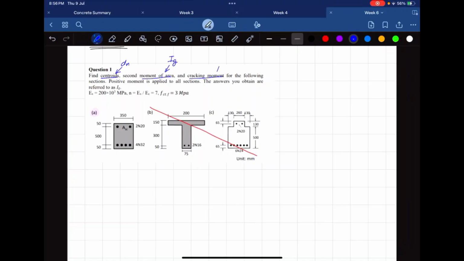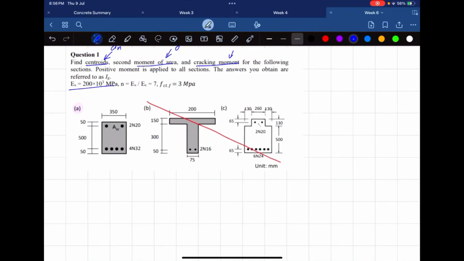The cracking moment, MCR. Luckily for us, they've already given us Es. Es is always 200 times 10 to the power of 3. They've given us n, and they've given us fct.f. This we're going to need for MCR, and this we're going to need for dn and Ig.